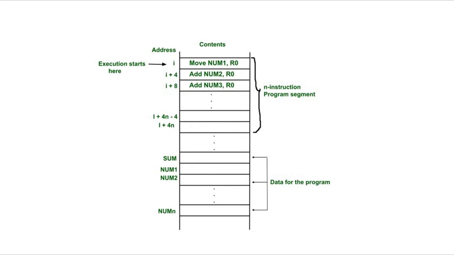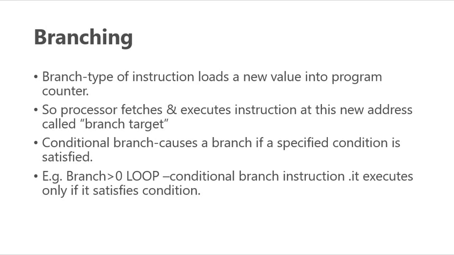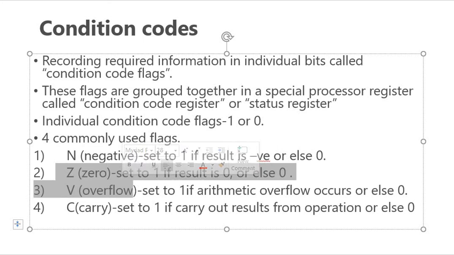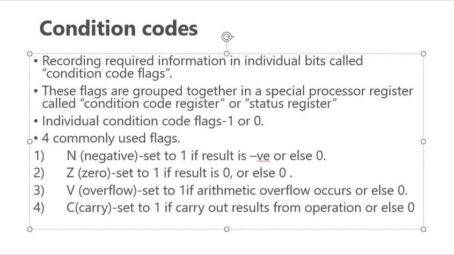Next is the branching of the instructions, which means looping the instructions or jumping to labels. And these are the condition codes, which are used by the computer to set the values of the status registers. The four flags used to set the status registers are negative, zero, overflow, and carry. Thank you.